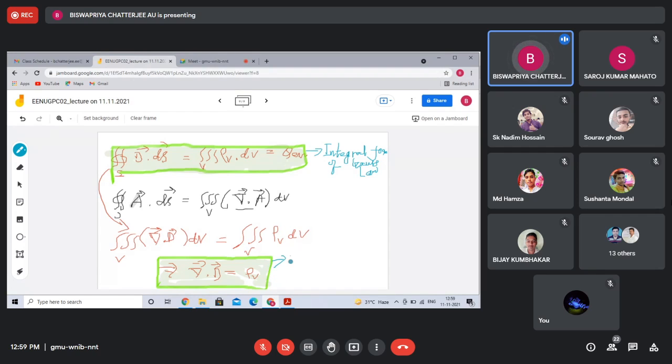It is called the differential form of Gauss's law, because it involves derivatives. So these expressions are very important.